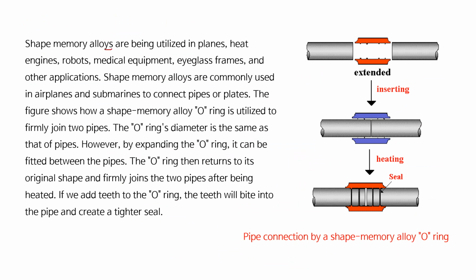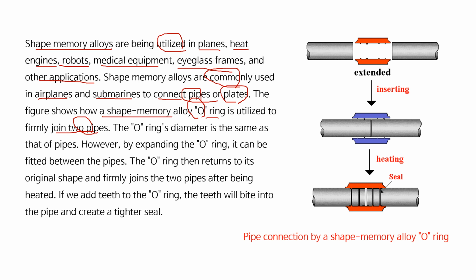Shape memory alloys are being utilized in planes, heat engines, robots, medical equipment, eyeglass frames, and other applications. Shape memory alloys are commonly used in airplanes and submarines to connect pipe or brace. The figure shows how a shape memory alloy O-ring is utilized to firmly join two pipes. So the two pipes are connected by the O-ring.